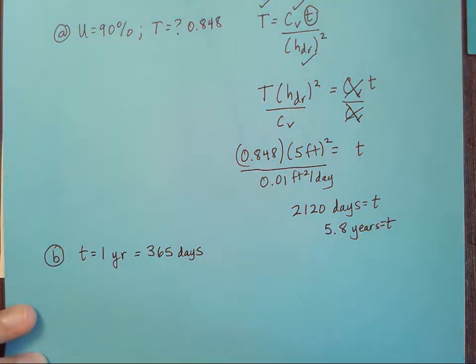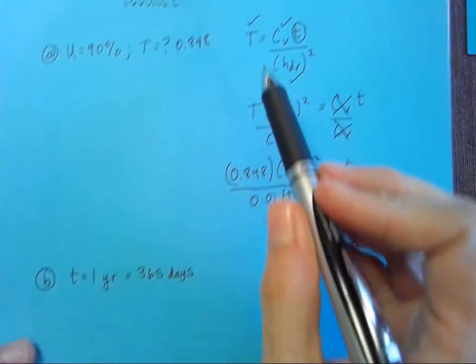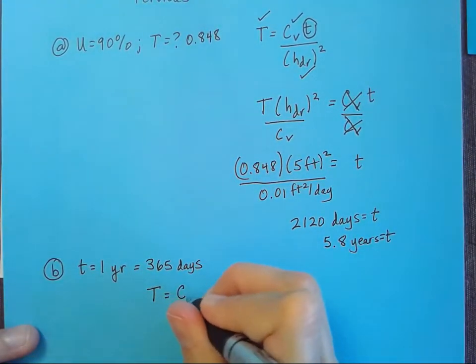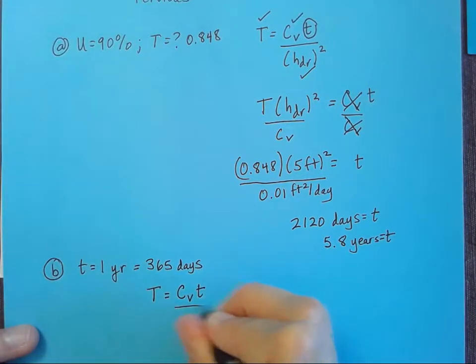If I want to use that information, I can then go ahead and solve for the capital T. So in this case, I can use this original equation here, that T is equal to CVt over HDR squared.